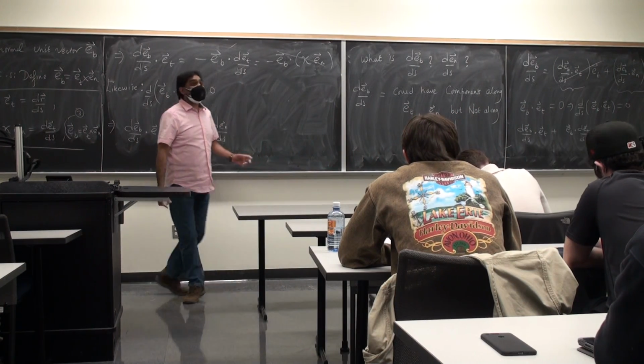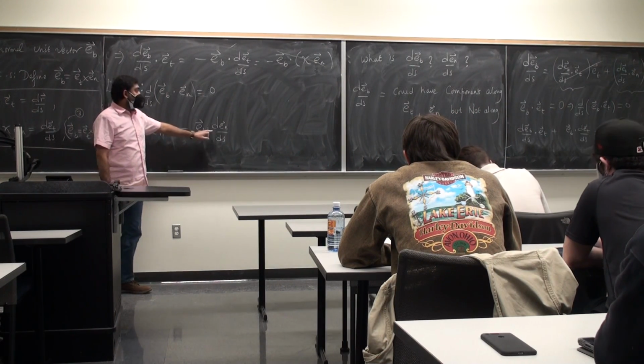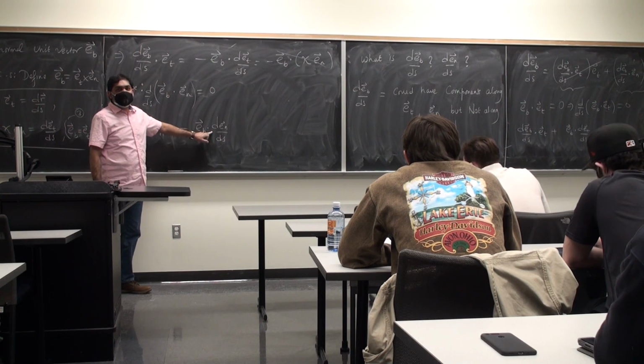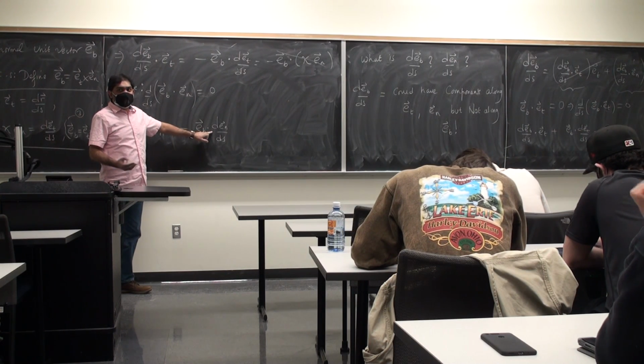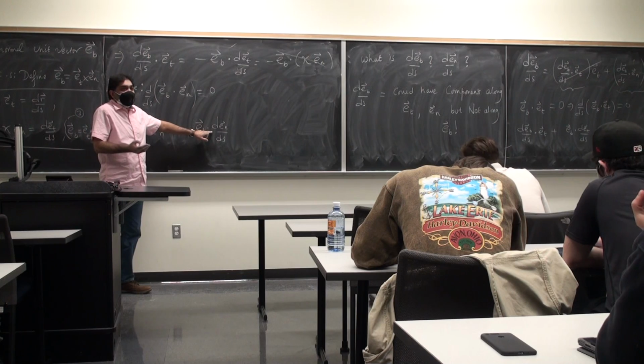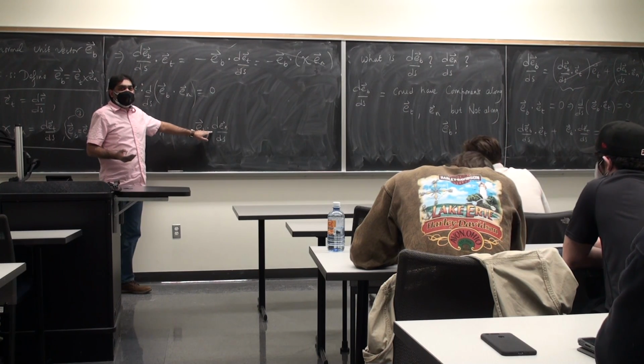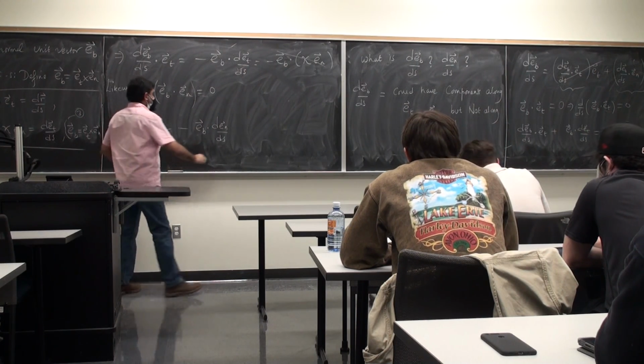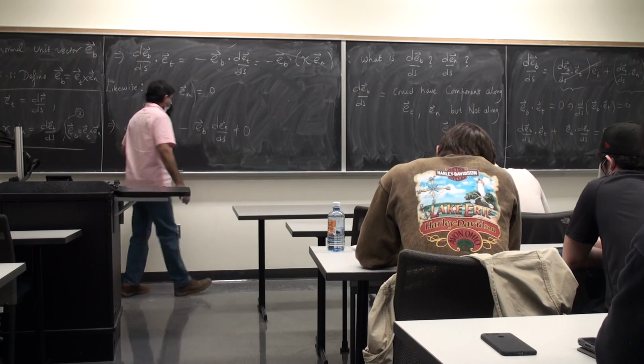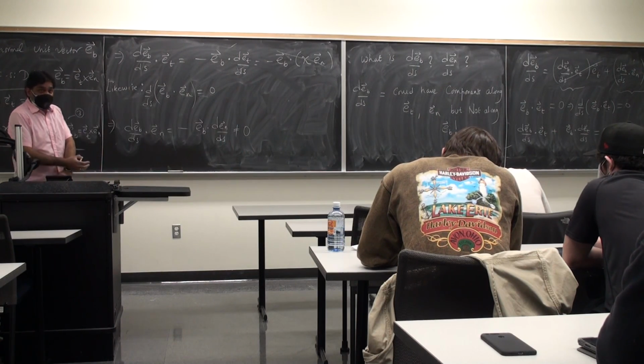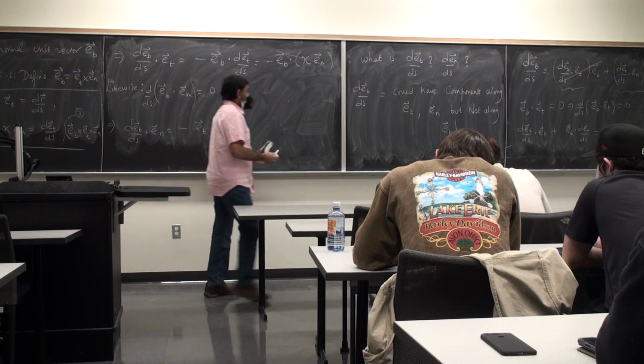By definition, this cannot be 0, because if I'm defining a vector, it has to have a component along a certain direction. Okay, so which means that this is non-zero. We don't know what it is, that is fine, but we're going to give it a special name.